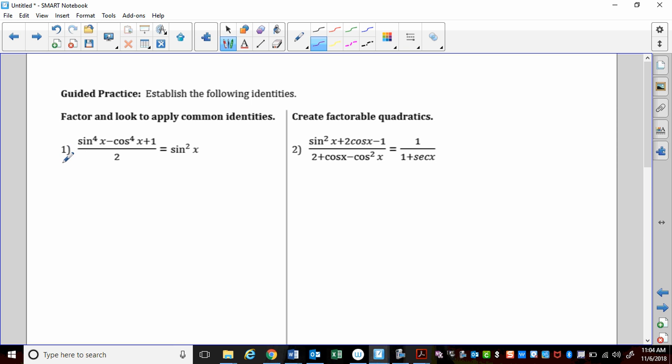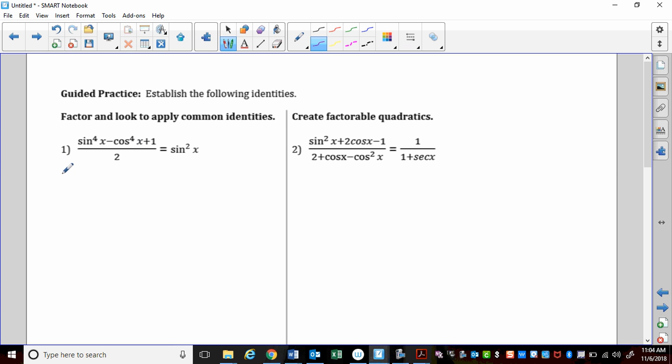I'm just going to factor these two first, because this is kind of like the difference of squares, but then I have a plus 1.